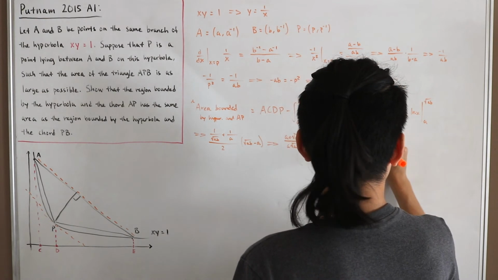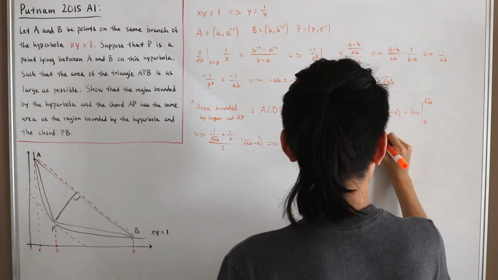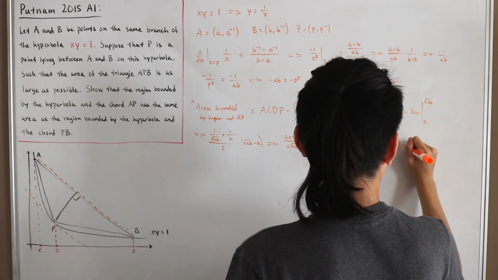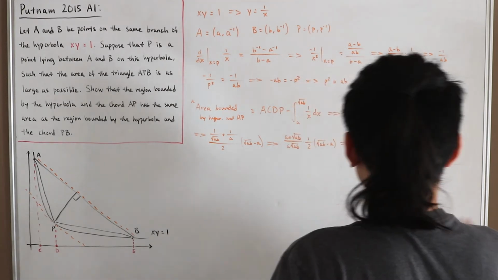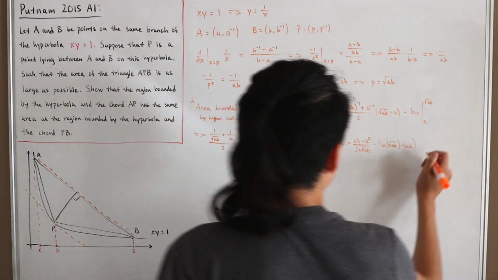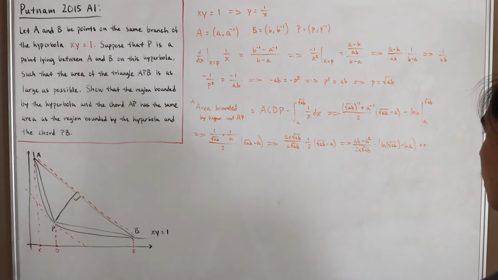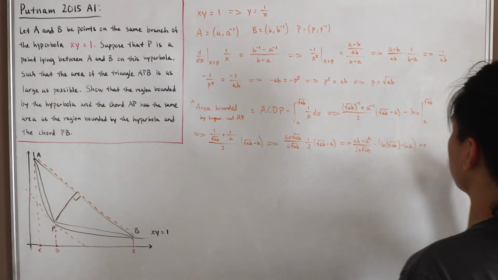And then I can subtract this, evaluating our bound: the natural log of the square root of AB, then subtract the natural log of A. Okay, but now if I simplify even further, I can factor out an A, and then the A's will cancel. So then I'll just be left with B minus A.